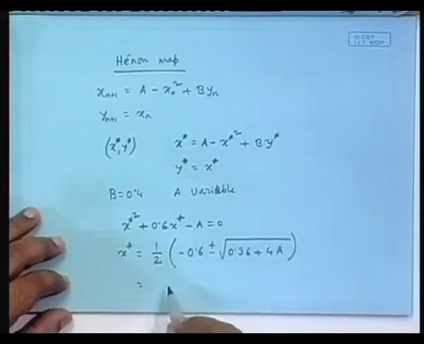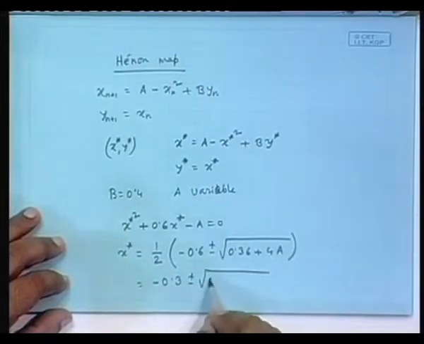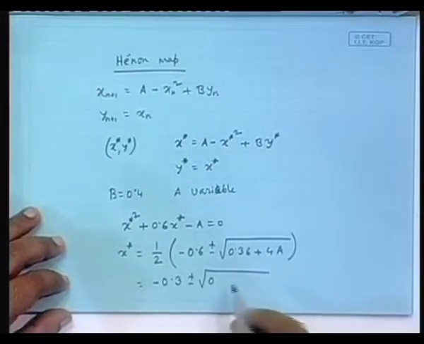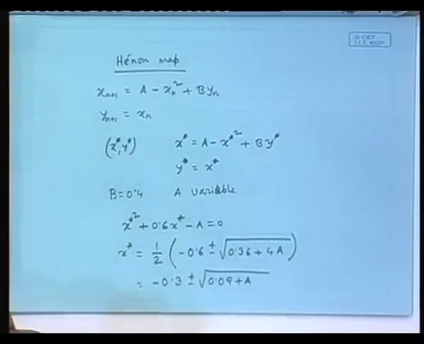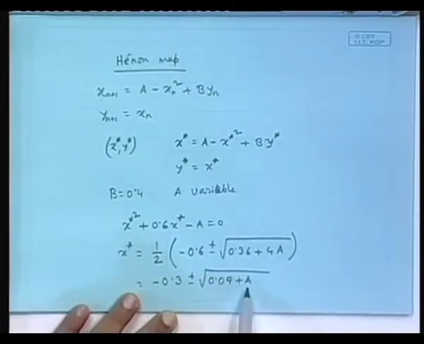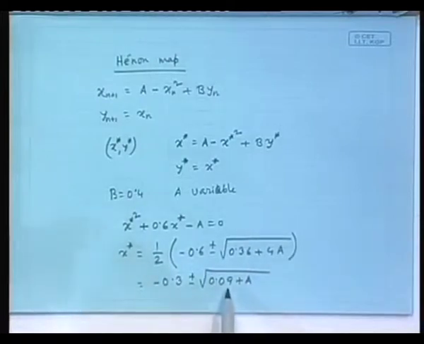So, this is equal to minus 0.3 plus minus root over 0.09 plus a. Fine. Now, this immediately tells you that so long as a is less than -0.09, the position of the fixed point is a complex number.